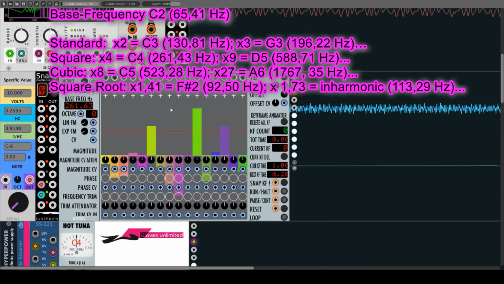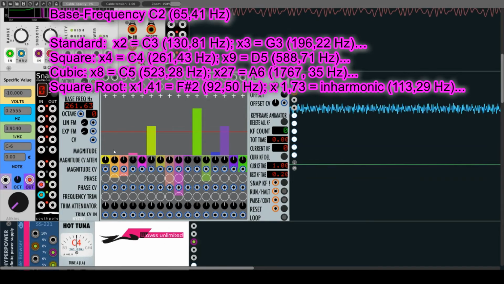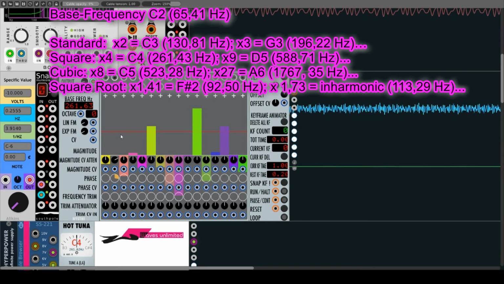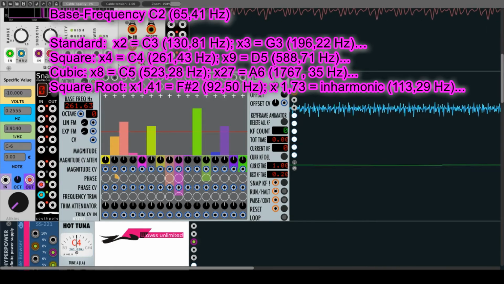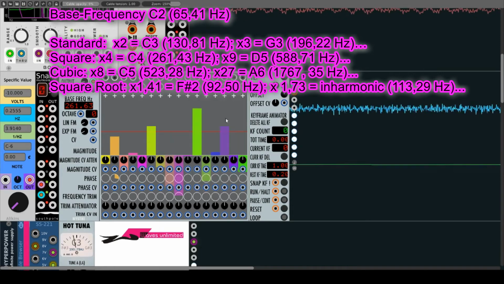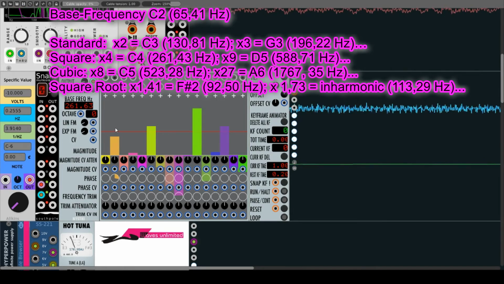In the basic setting, the harmonics are tuned normally, i.e., the first harmonic comes next to the fundamental, so at C2 this is C3, which corresponds to a doubling of the frequency. The second harmonic is then the basic frequency times 3, and so on. With Phaser, however, I can increase the interval between the frequencies to square, i.e. fundamental times 4, 2 to the power of 2, corresponds to the first harmonic, and fundamental times 9, 3 to the power of 2, to the second, and so on.